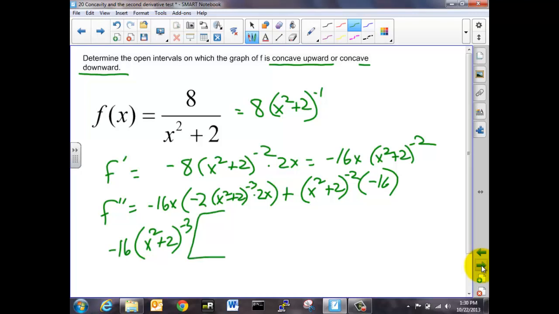So when I take negative 16 times x squared plus 2 to the negative 3 out of this first thing here, I get an x. Then negative 4x.